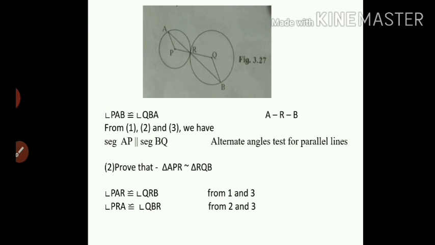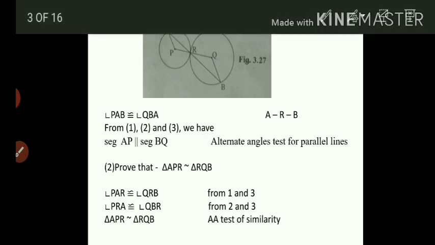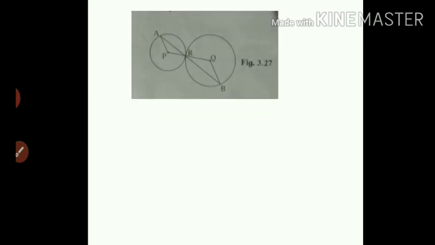So we have one angle congruent from 1 and 3, and one more angle from 2 and 3. By the AA test of similarity, we can say that triangle APR is similar to triangle RQB.